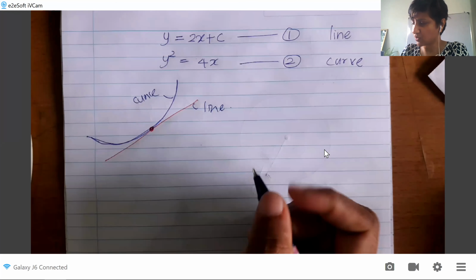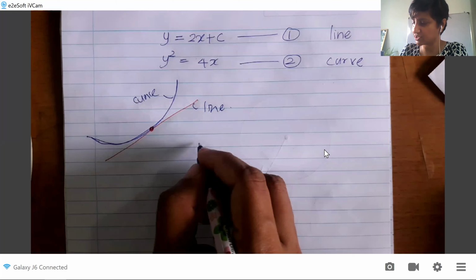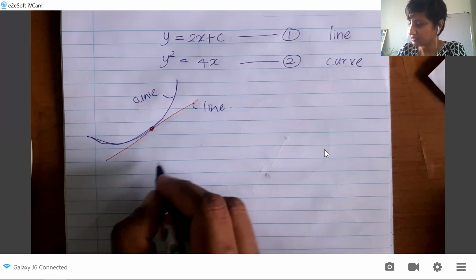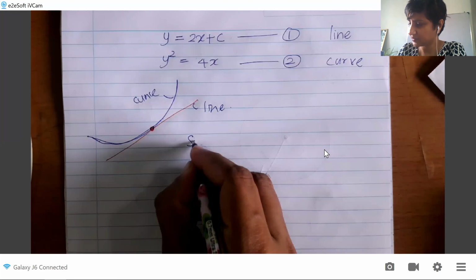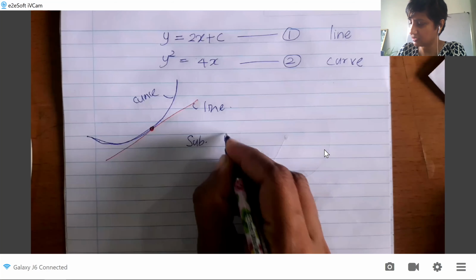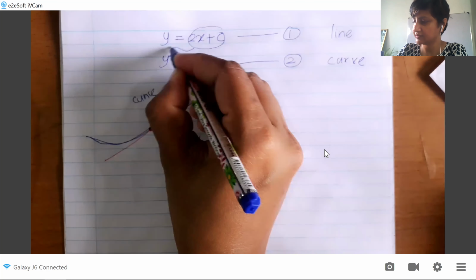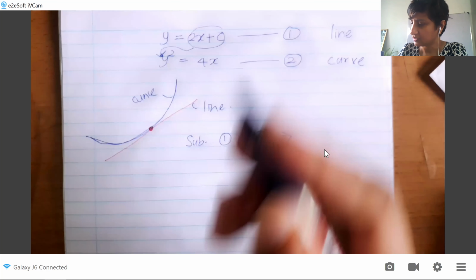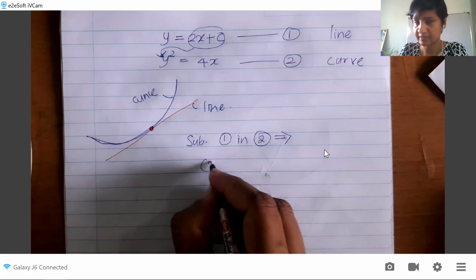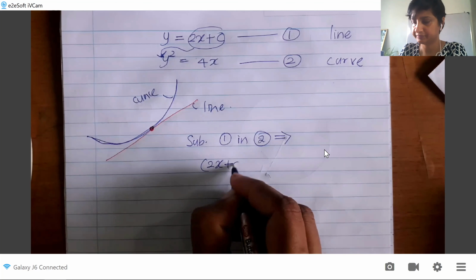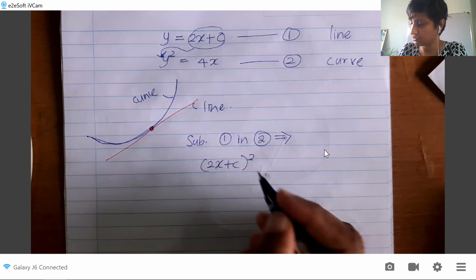Shall I substitute 1 in 2? So I'm going to solve these two simultaneously. Substitute 1 in 2. So I'm going to put this for y here. (2x plus c) squared is equal to 4x.